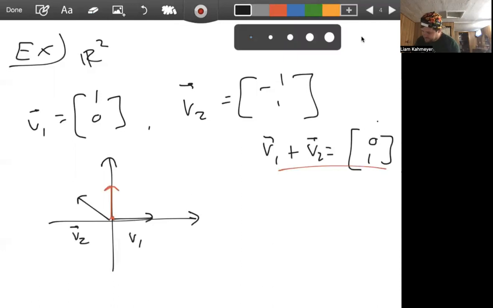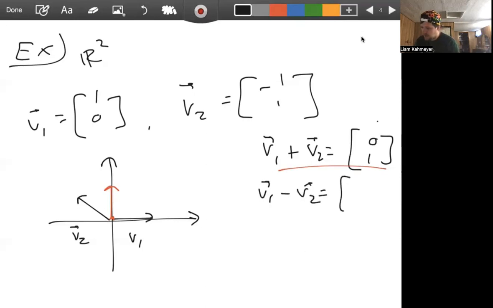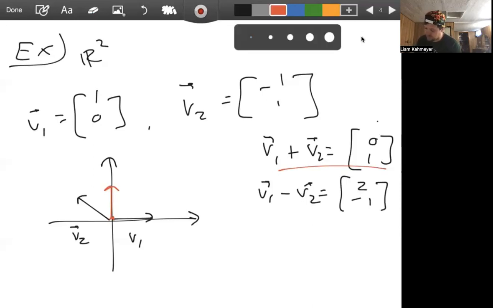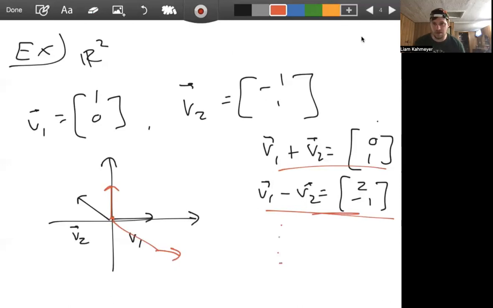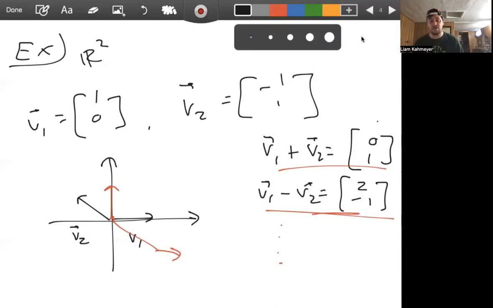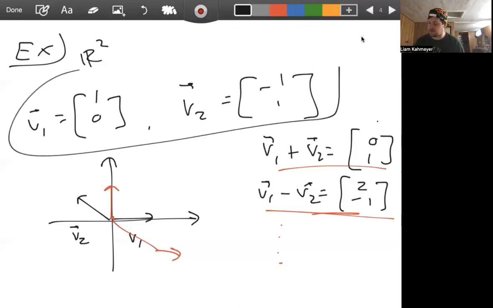We could take v1 minus v2 and get the vector (2, -1), because you'd have 1 minus a negative 1. And you could keep going, there's a lot of possibilities. In this particular example, it turns out, and we'll see how to calculate this, that you can obtain any vector in the plane from just a linear combination of these two vectors.